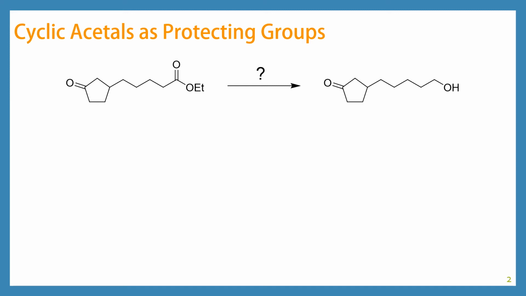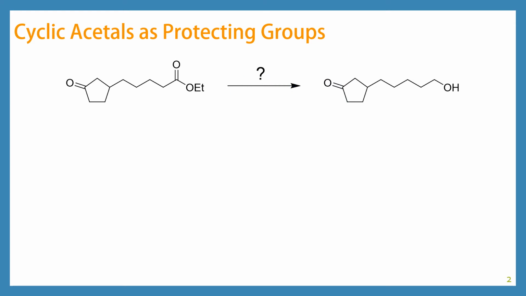But if we use lithium aluminum hydride to create that primary alcohol, it would also reduce our ketone into a secondary alcohol. So we cannot simply react with lithium aluminum hydride and get the product that we want, because we would also lose the ketone. So this is a perfect setup for a protecting group.